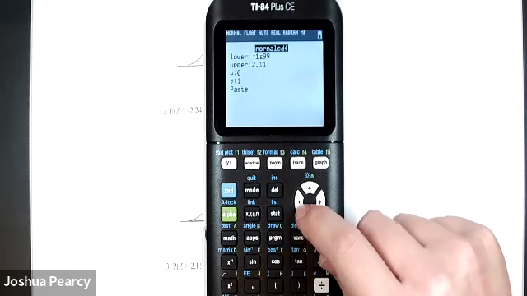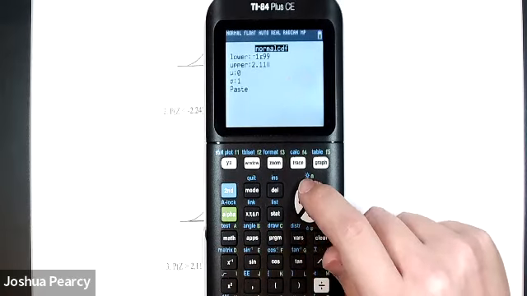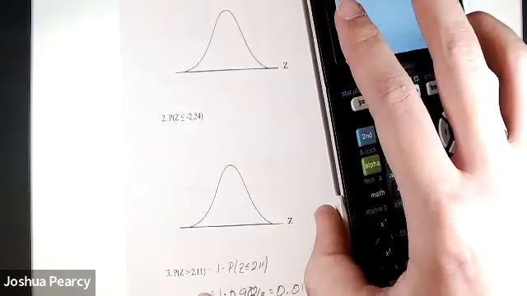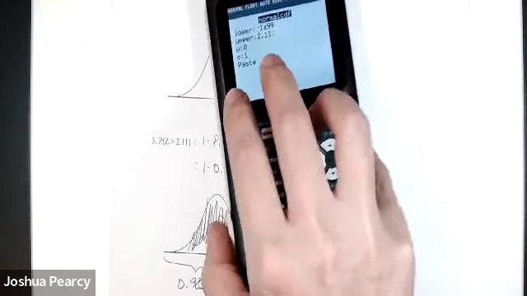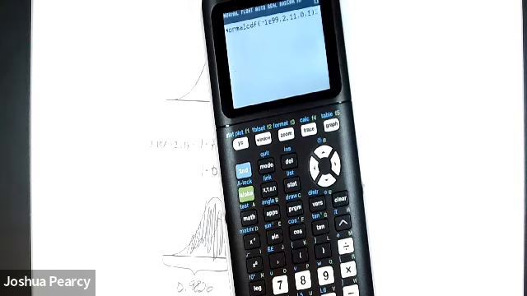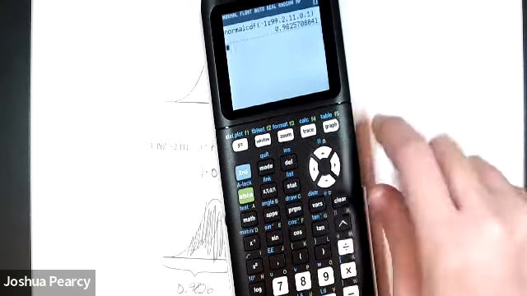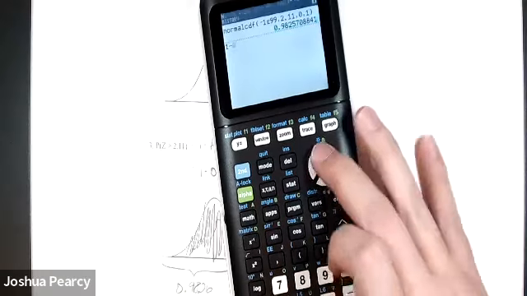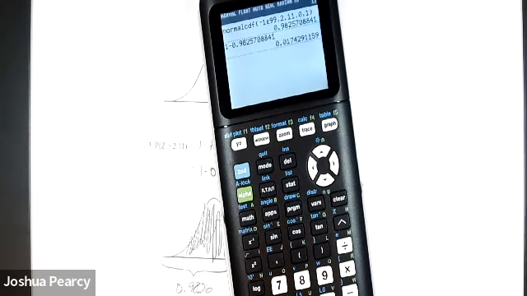And then you tell it the upper boundary, which in this case was 2.11. Then hit paste and hit enter, and that'll tell you the area to the left, which is what we got there. And then you take 1 minus that to find the area to the right.